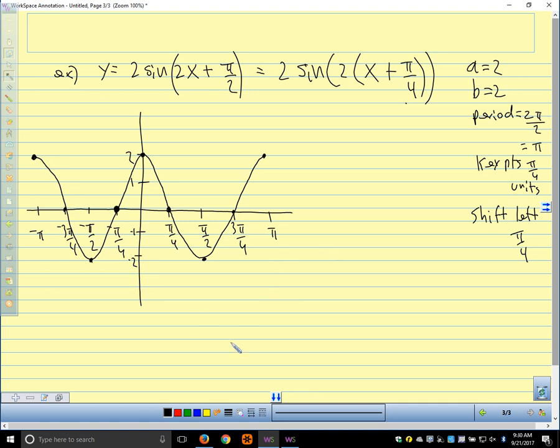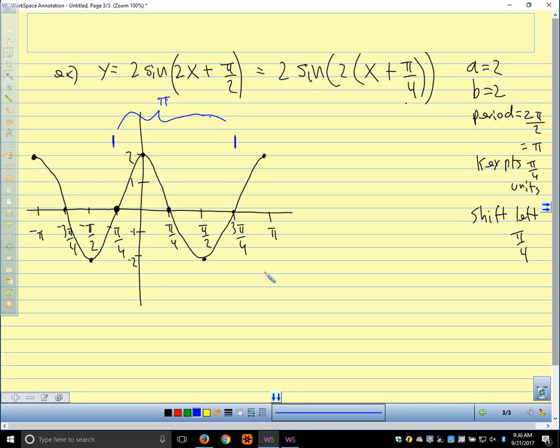And if we look, we get one period from pi over 4 to 3 pi over 4. And that should be pi units. So just to double check that you got your period, you can see it here. We started at negative pi over 4 and we went over here to 3 pi over 4.